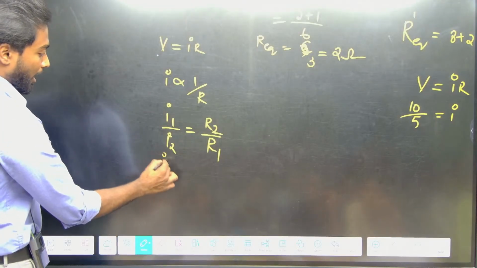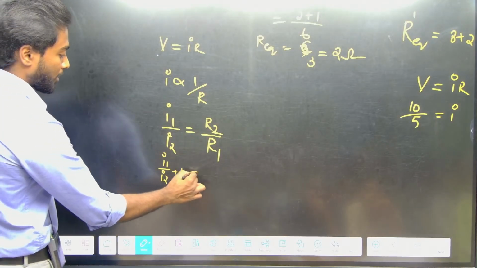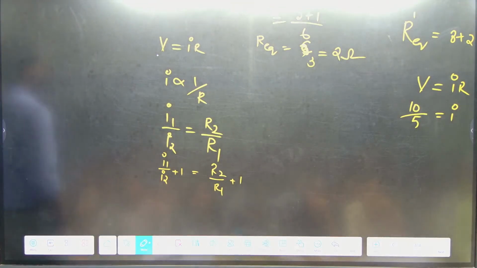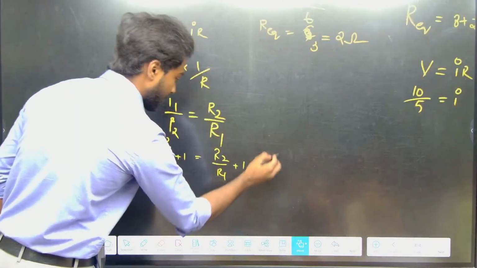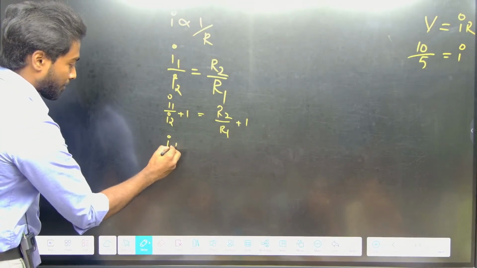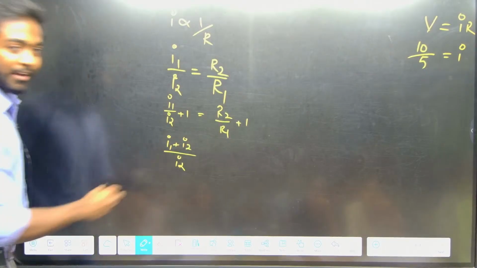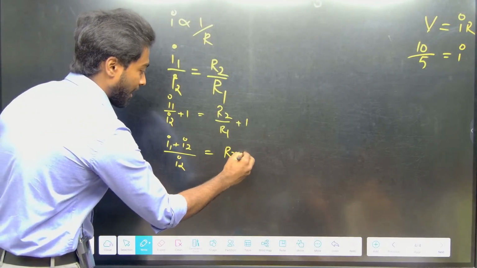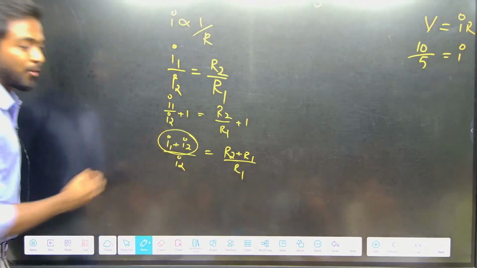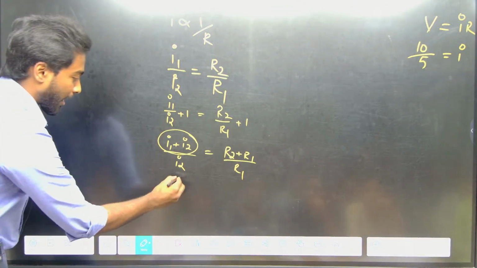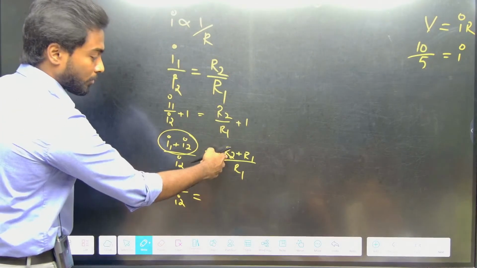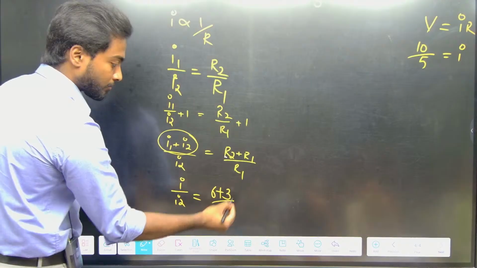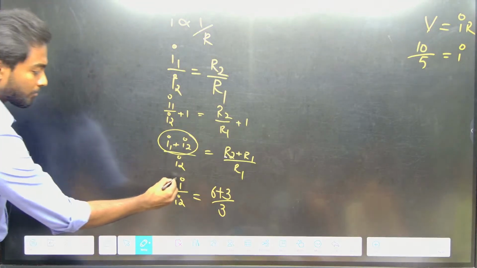So I1 by I2 plus 1 equals R2 by R1 plus 1. Why I am taking this, listen carefully: I1 plus I2 by I2 should equal R2 plus R1 by R1. What is I2 plus I1? I only know. So I by I2 equals R2, 6 plus 3 by 3. Any doubt? What is I? 2.